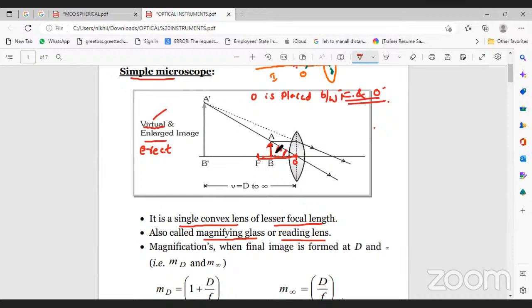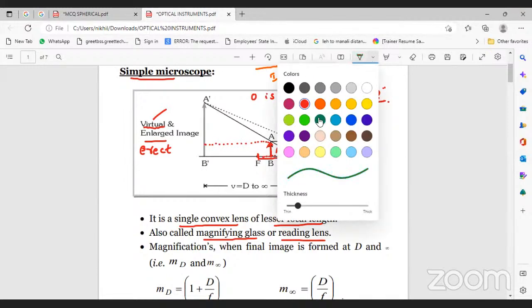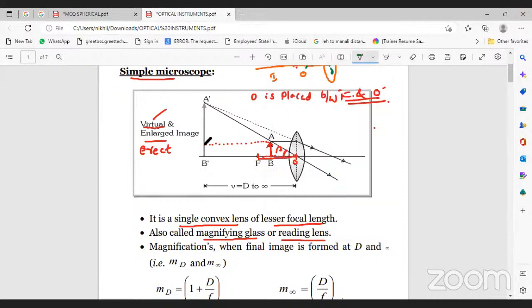Angle AOB, sir. Now I'm going to drop one perpendicular line like this, and I'm going to draw the angle from this particular point to the optic center. This angle is what we called alpha.